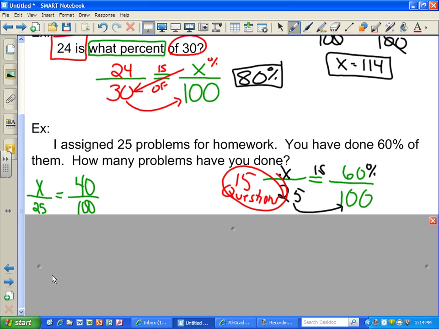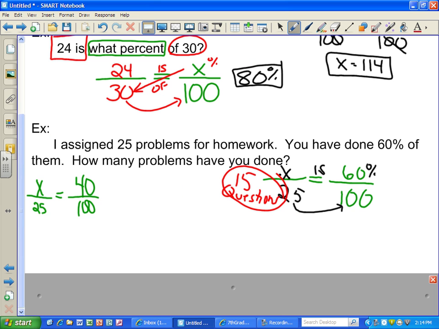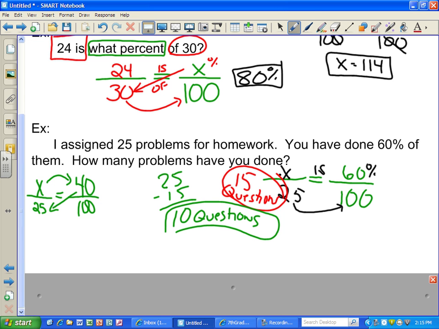So here's another proportion you could have set up. So what is 40% of 25 total questions? So obviously 25 minus 15 is going to give you 10 questions. It's very important to make sure that you answer the correct question, because I could have simply thrown in the word not, and it would have changed the problem completely.